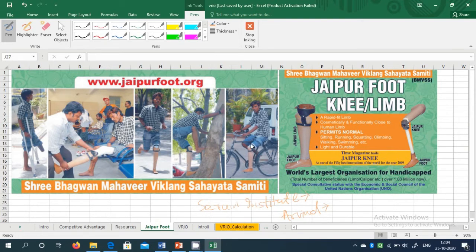Jaipur Foot has made a destination brand, helping in the destination branding of Jaipur. Everybody is coming for this, or for Serum Institute or Arvind Eye Hospital. These are the competitive advantages they have acquired.